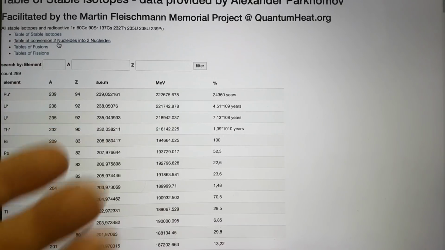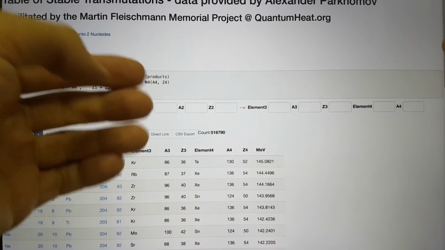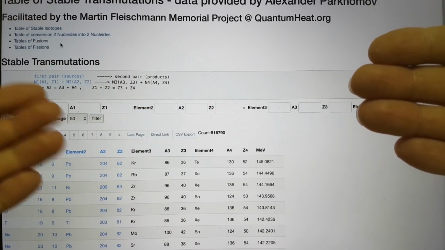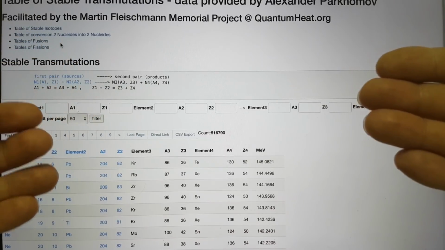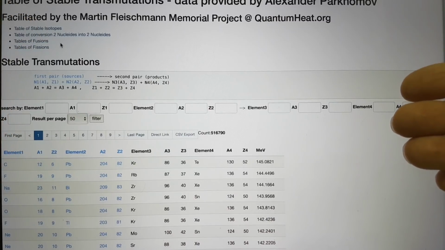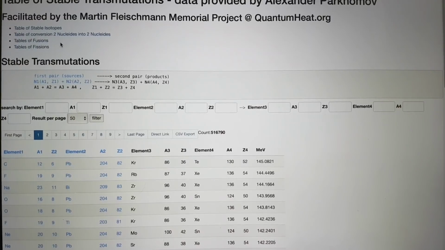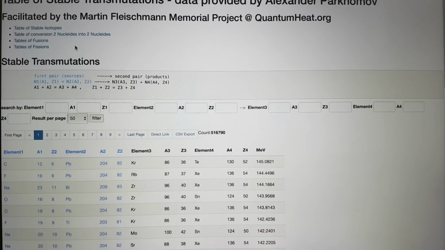So ideally what I would like is something where you put in the elements that you have in your fuel or your ash, or both, and it uses these various tables and statistics based on the natural abundance to try and statistically work out what the reaction paths are that are most likely given this data, although this is, as Alexander's quite aware, a very strong simplification of what may actually be going on underneath.